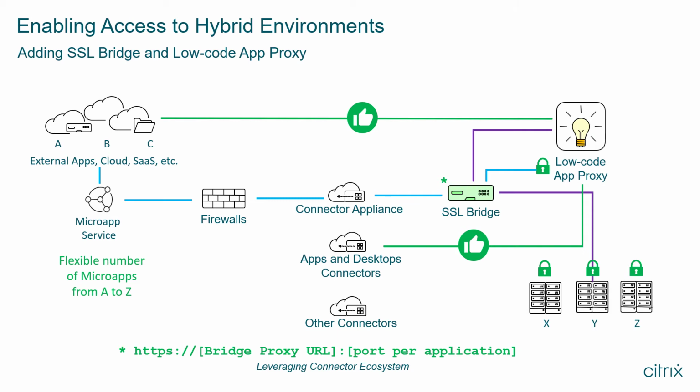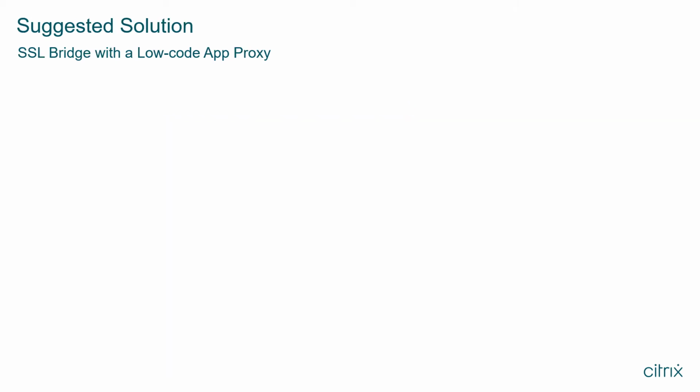So here it is. This is the essence of this presentation. SSL bridge, low-code app proxy, ability to reduce the number of SSL certs, and reduce the reliance on RESTful APIs, which might or might not be available for particular targets. Let's summarize.